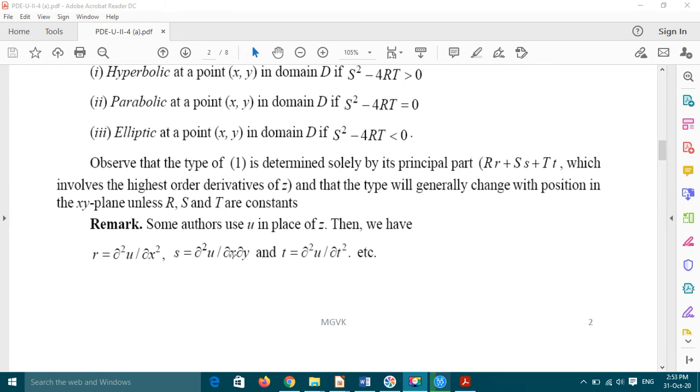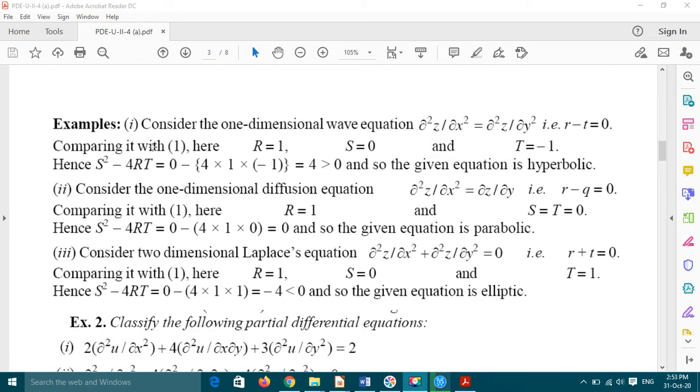Now we come to our next examples. We discuss some examples. Consider the one dimensional wave equation ∂²z/∂x² = ∂²z/∂y². That means the second order partial derivative of z with respect to x is equal to the second order partial derivative of z with respect to y, that is r = t, or r − t = 0.